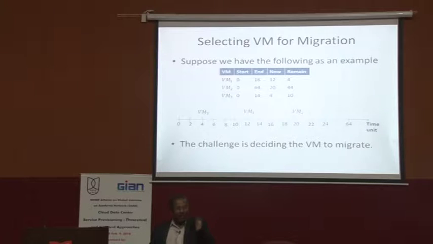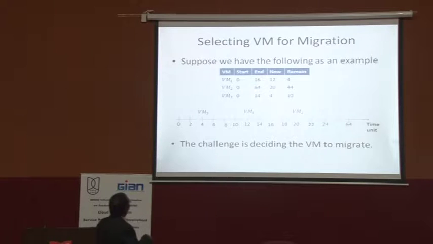If you move the one about to finish, because migrating takes a lot of time, right? While it's migrating, the job is just wasting time. It's not doing anything, so its response time increases. If you select that one, you basically did something wrong because it's not beneficial, right? So that is the third problem you need to solve.